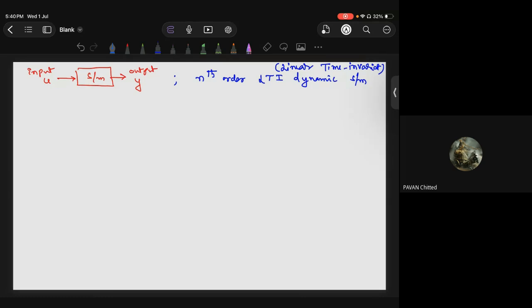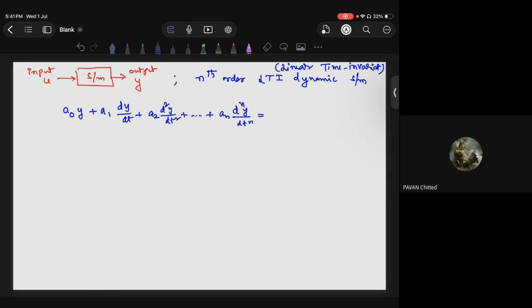In general, an nth order system can be defined, if you model the equations, like this: a naught y plus a1 dy by dt plus a2 d square y by dt square plus etcetera, plus an dn y by dtn on the left side.